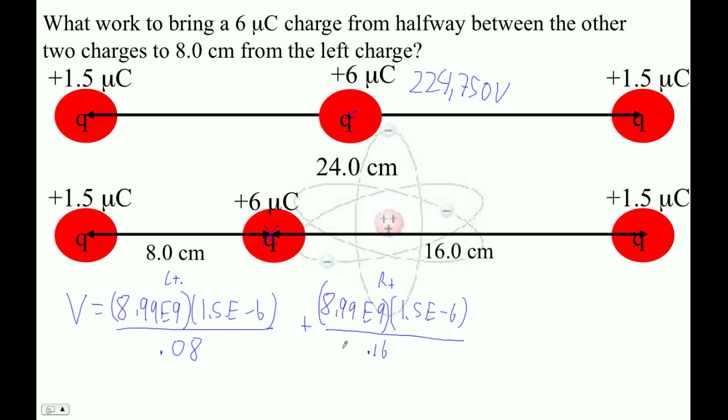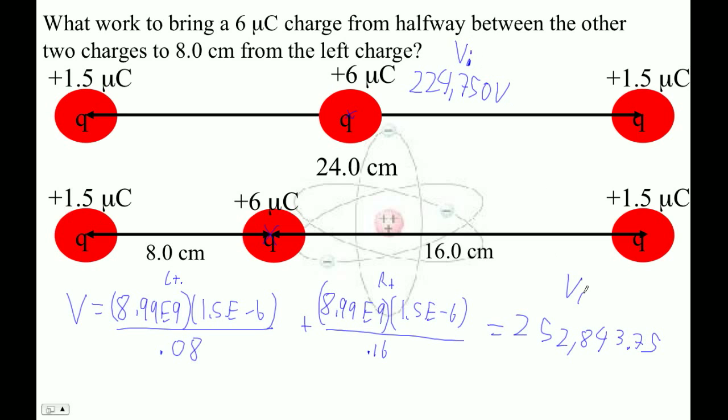Okay, so now, hey, look at that. I have this all typed into my calculator. So all I have to do is make that 0.08, and then make this 0.16. I'm typing this in in one fell swoop. And this voltage is 252,843.75. So this is our initial voltage.